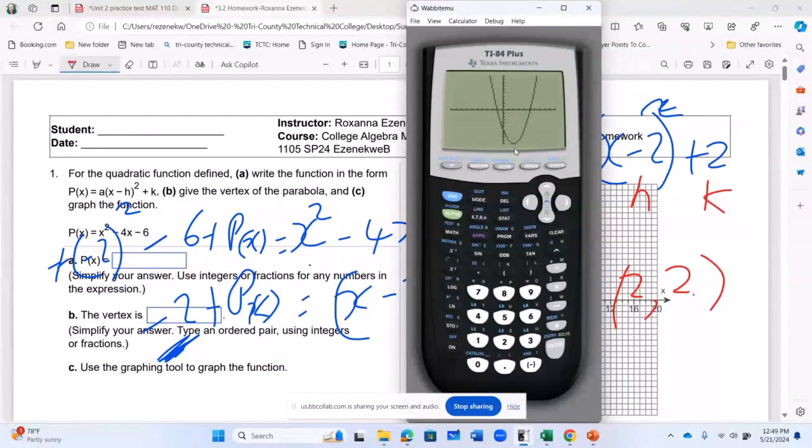Okay, so what is the vertex? Let me ask my calculator. Second, calc, and the vertex is the minimum. I'm going to set the left bound, and then the right bound. If I click, my answer is going to be 2, negative 10.